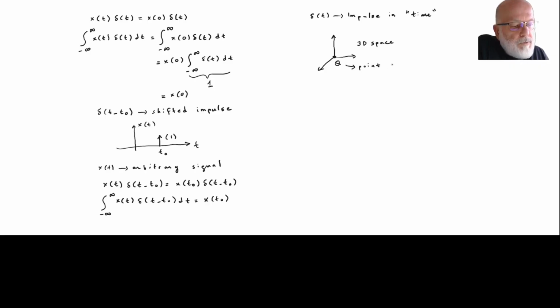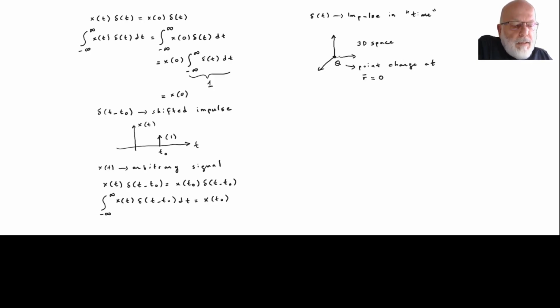Point charge at, okay, let us show the coordinate vector as capital R equal to 0. So the charge density at that location is in fact infinite. Why? Because we have a charge of amount Q in zero volume.